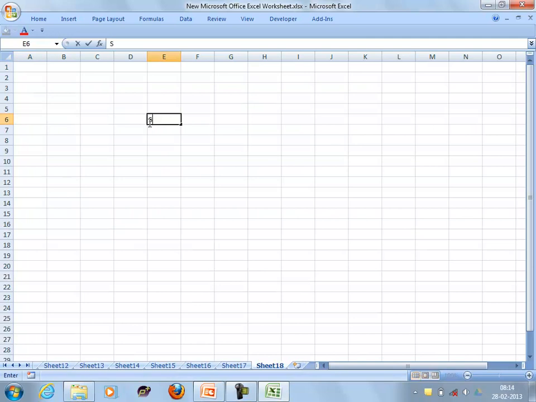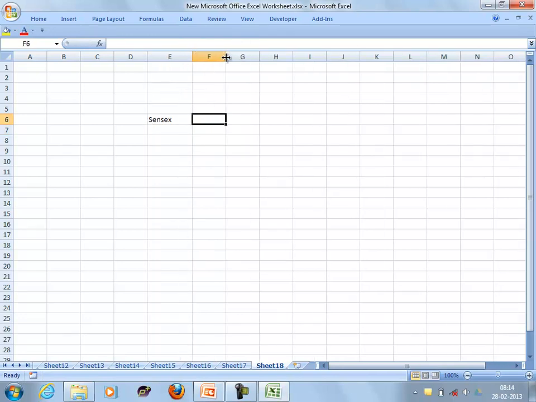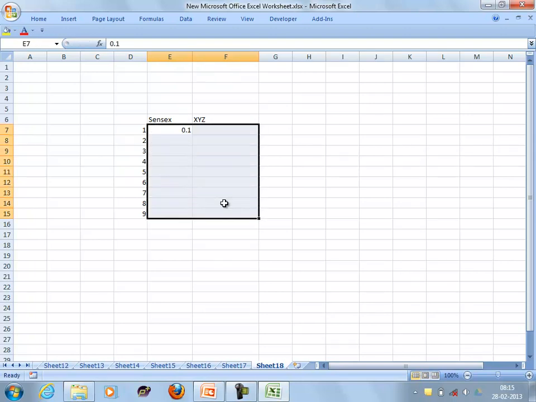See, this is your Sensex. I'm going to assume really simple numbers here. And this is your security XYZ. This is day 1, 2, 3, 4, 5, 6, 7, 8, 9. So we'll take data of 9 days. Sensex moved by 10%. This particular security increased by 30%.